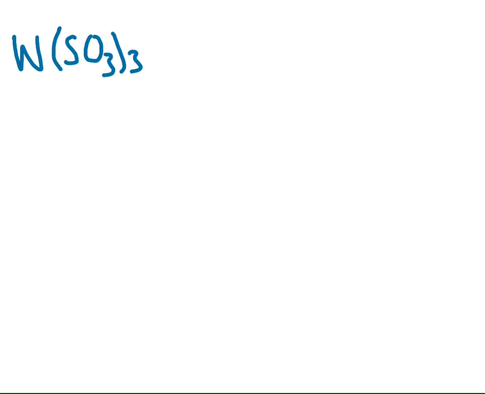Okay, let's do it. So W is tungsten. Of course, that needs a Roman numeral because it's not in group 1, 2, or the triangle. What's SO3? Sulfite, right? Sulfate's SO4. This has one less oxygen, so sulfate becomes sulfite.